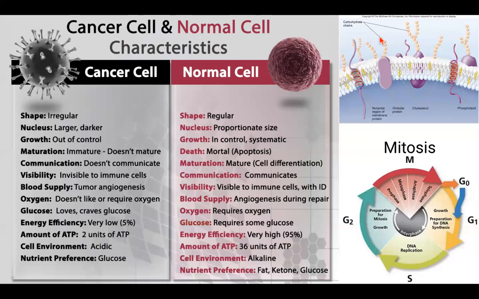Cancer cells will try to mimic a normal cell's glycoprotein, because glycoprotein is hugely dependent on the DNA of the cell. So if any changes happen in the DNA, it's going to be reflected by these. However, cancer cells have a very smart way of disguising themselves and trying to appear normal to white blood cells so that they cannot be identified and killed.